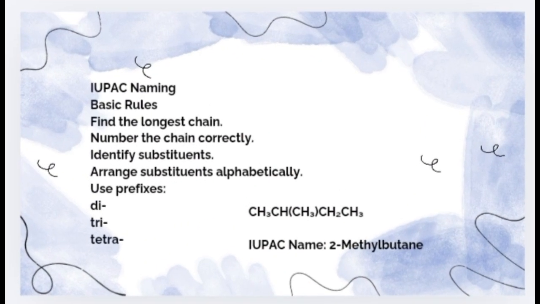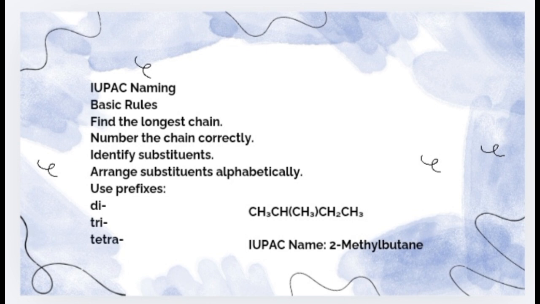Now let's proceed to the next slide. IUPAC naming rules. Now let's talk about the basic IUPAC naming rules. First, find the longest carbon chain. Second, number the chain correctly to give the substituent the lowest possible number.